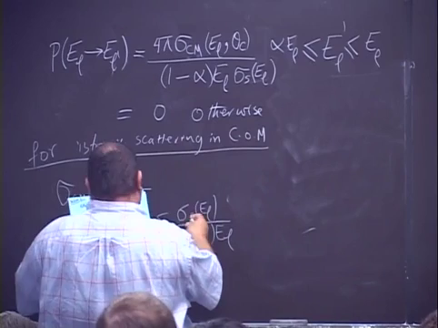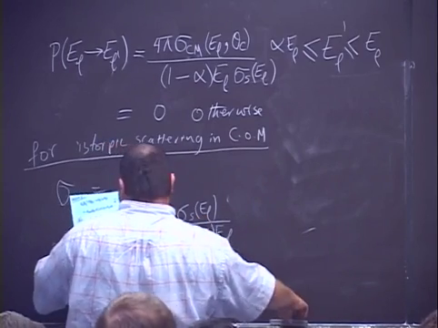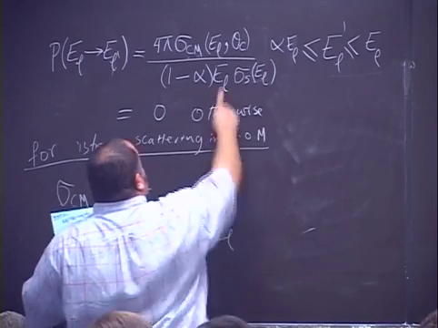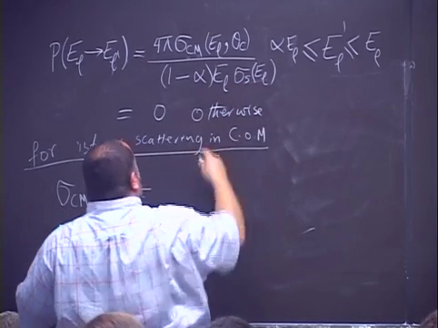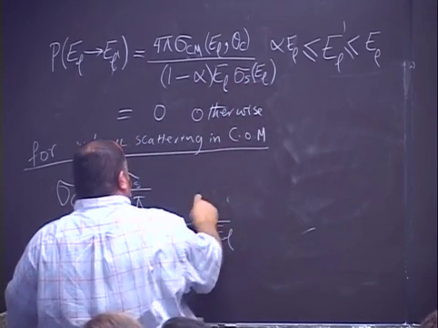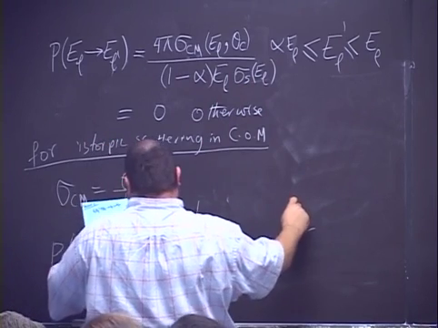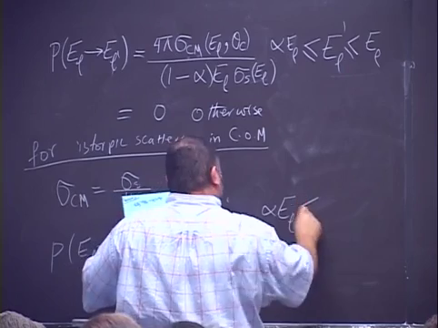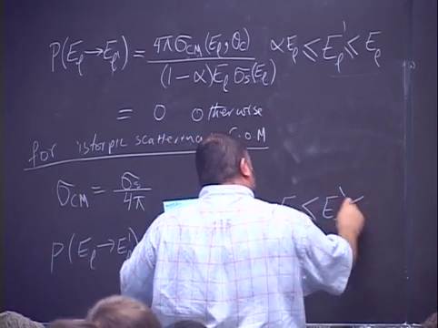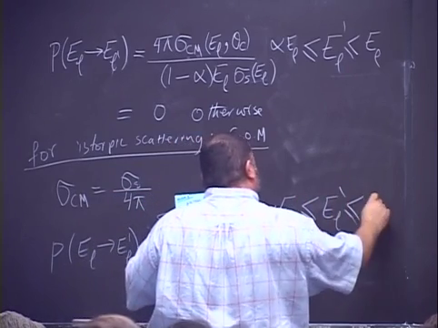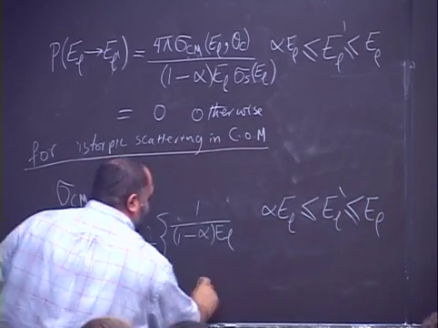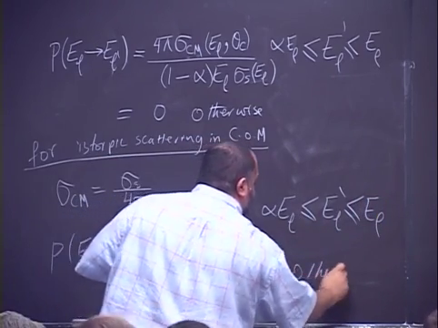Actually, sigma scattering will be cancelled, because sigma scattering cancels with sigma scattering, and it will be 1 over this, for EL prime greater than alpha EL and less than EL, and it will be 0 otherwise.